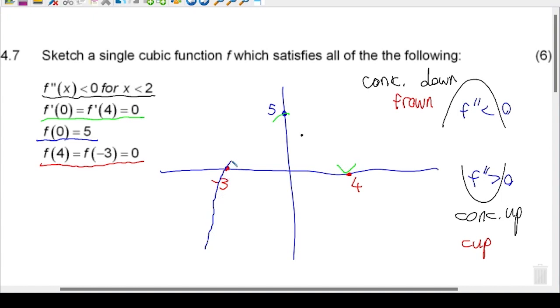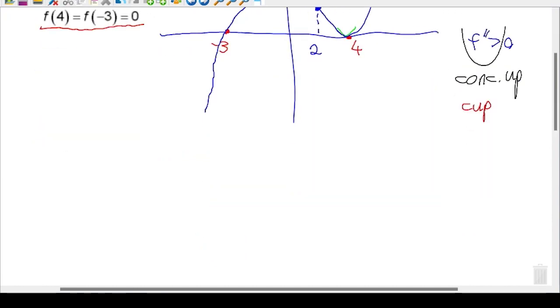So the final answer is something like that. And somewhere over there at 2, we have a point of inflection. That is where the graph changes from being concave down to concave up. The concavity changes.